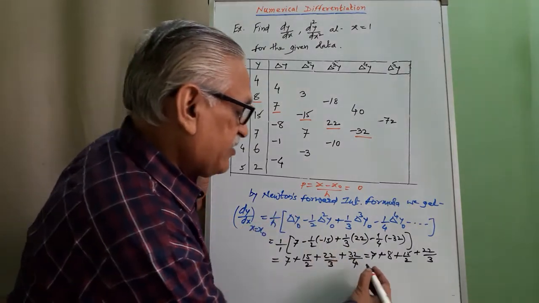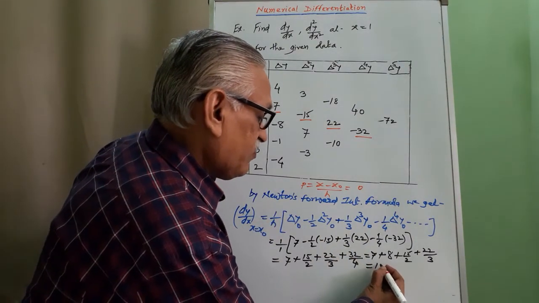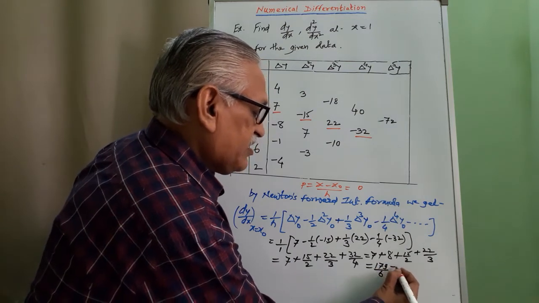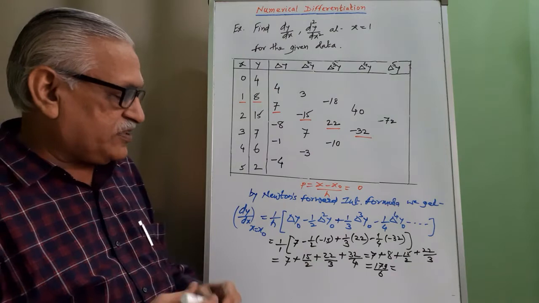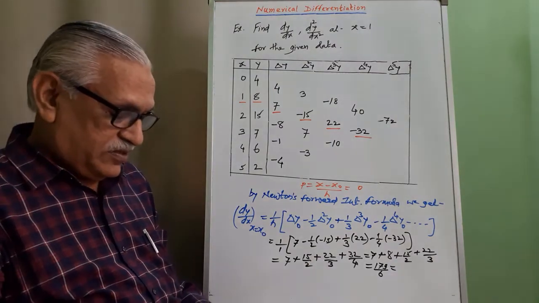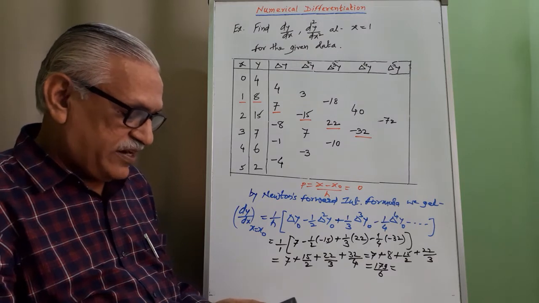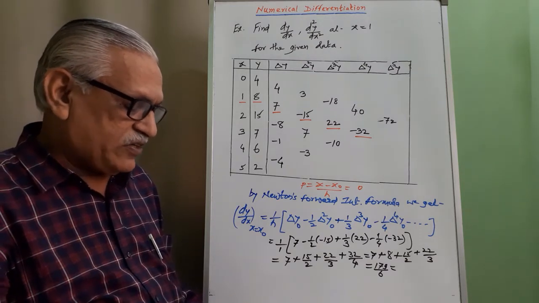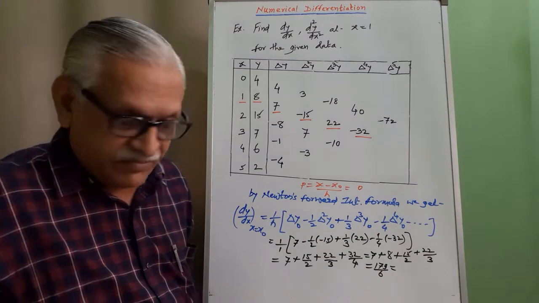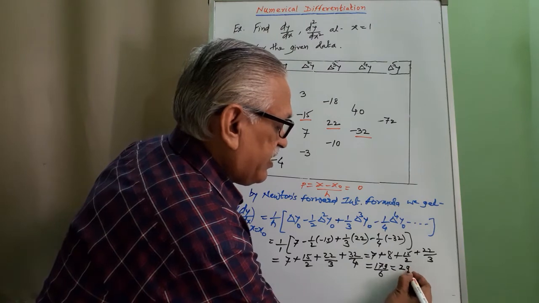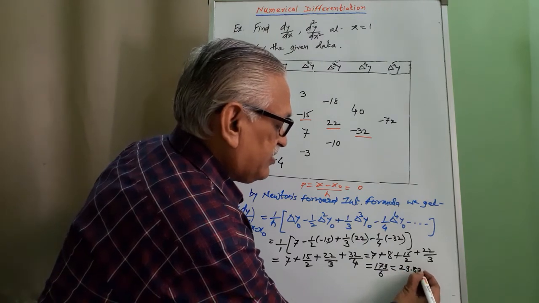If we find it in decimal form, 179 divided by 6, we get that value as 29.83.